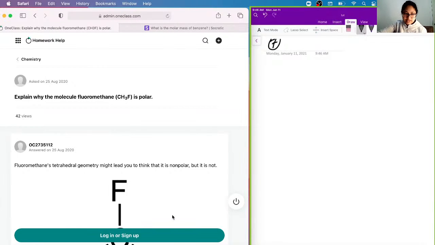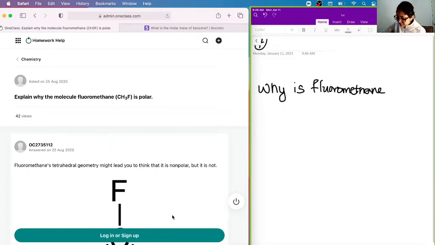Okay, so our next question says, explain why the molecule fluoromethane is polar. Okay, so fluoromethane, which is CH3F.